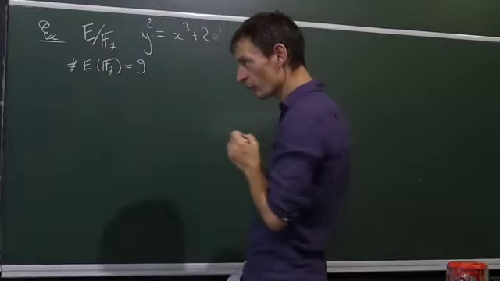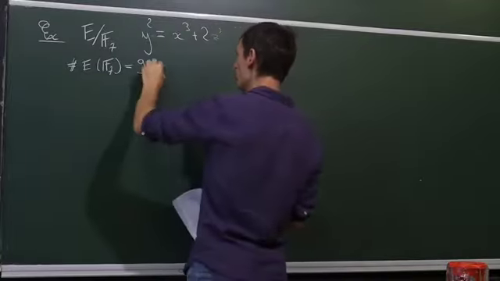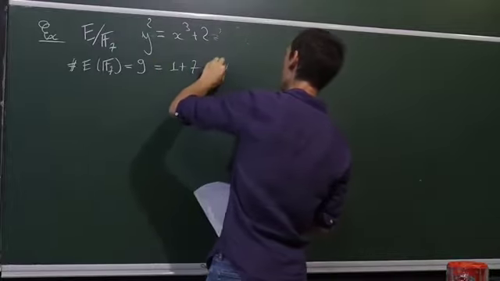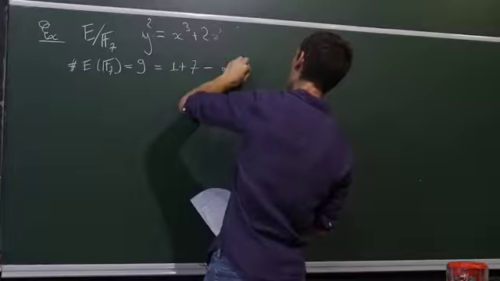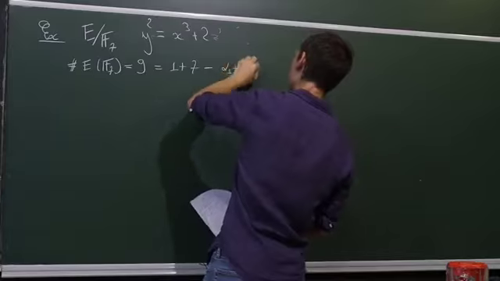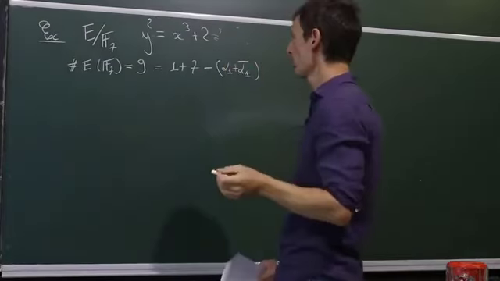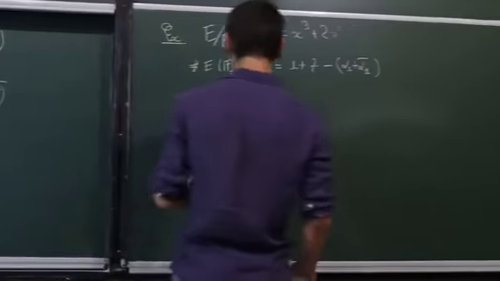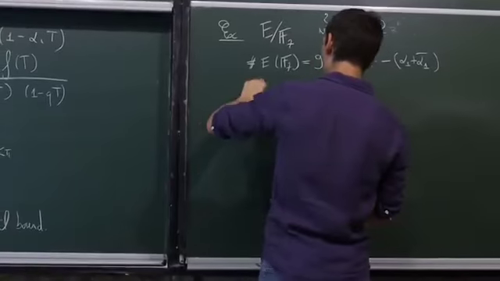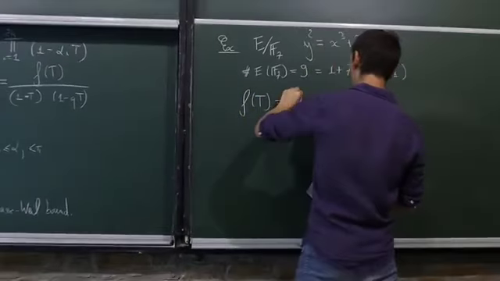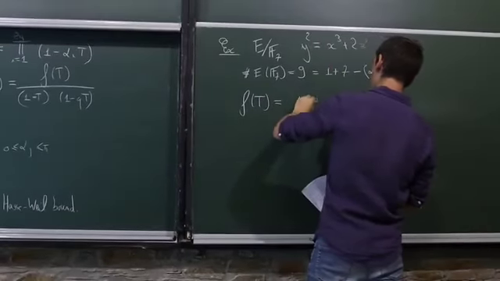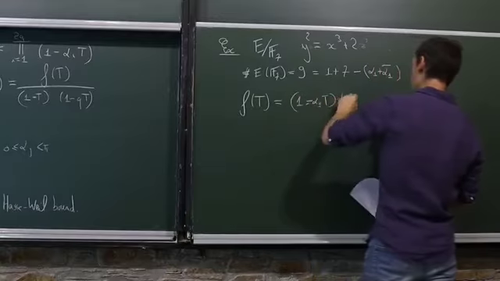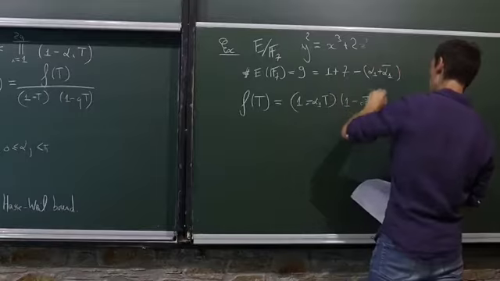But by the formula that we just saw, this should also be 1 plus 7 minus (alpha 1 plus alpha 1 bar). Which says that the f(t) I'm looking for is completely determined, because f(t) for a genus 1 curve should be just (1 minus alpha 1 t)(1 minus alpha 1 bar t).